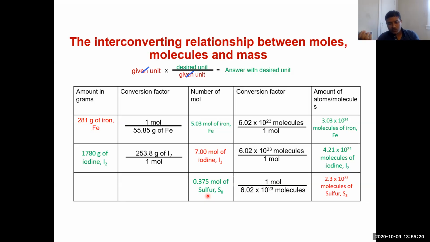That is equal to its atomic mass units that you find in the periodic table, but in grams. So you can identify the atomic mass unit of a single sulfur, and by multiplying with 8, you can identify the atomic mass unit of S8.